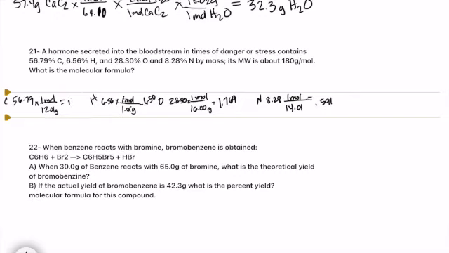And 6.50 moles of hydrogen. And 4.729 moles of carbon. So now I need to find my mole ratio by dividing each by the smallest number, which in this case was 0.591 for nitrogen.